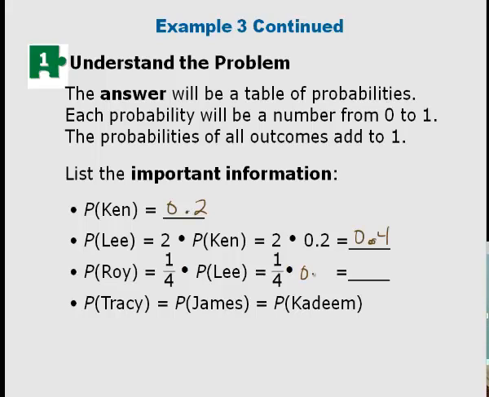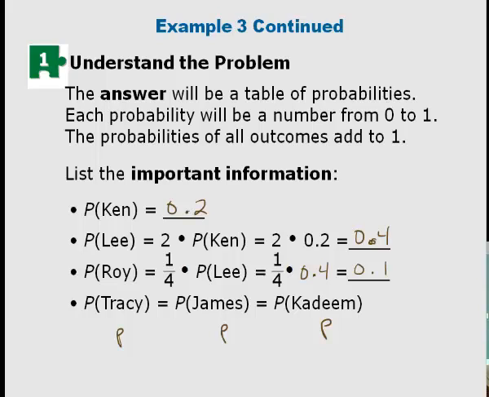So he had 1/4 of 4/10, which is 1/10 probability. Tracy, James, and Kadeem, we don't know their numbers, but they all had equal probability. So I'm just going to call them each P, because I don't know their number yet, but I'm sure we can figure it out. Do you have that filled out in your notebook?